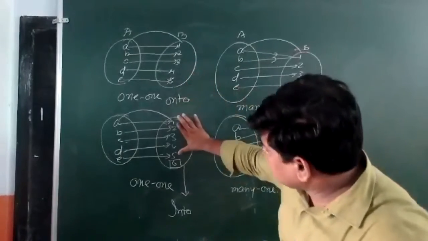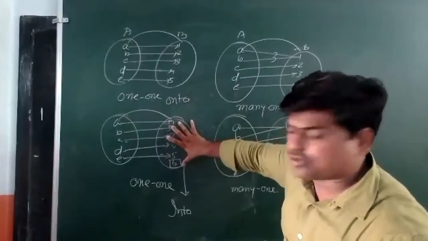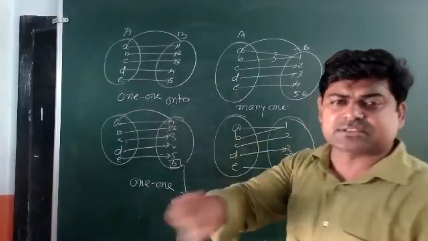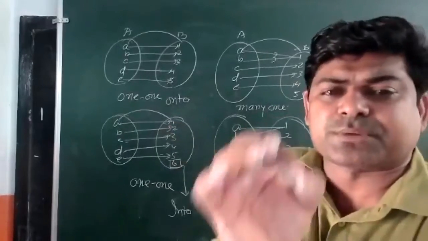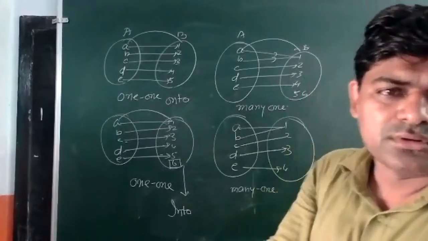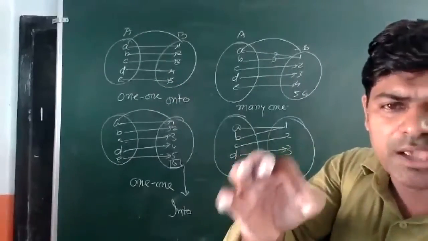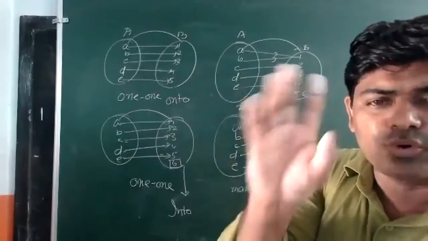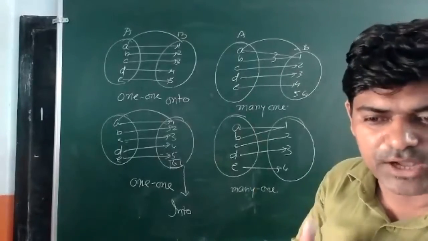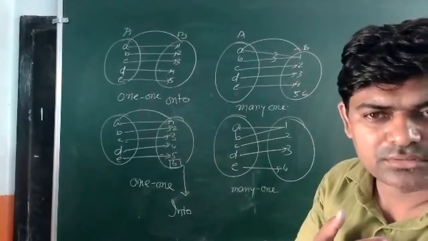But here you can see this will be the range and that whole will be the codomain. In this case, I can say the range is a proper subset of the codomain. If the range is a proper subset of the codomain, I can say it is an into function. Are you getting me what I want to say?